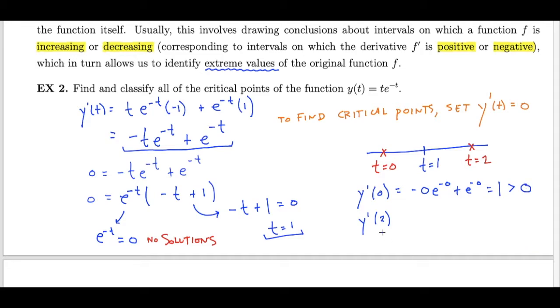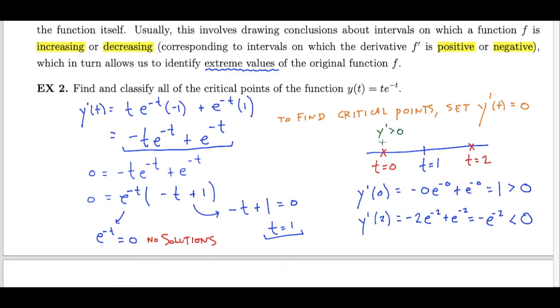Applying the same procedure and plugging in t equals 2 into this first derivative yields a value of negative e to the negative 2, which is a negative value. So filling in those details on my little diagram here, it tells me that to the left of my critical point, my derivative is positive.